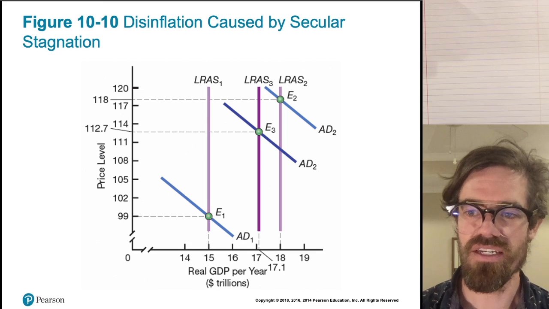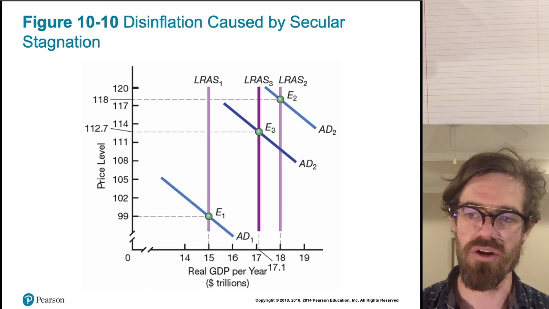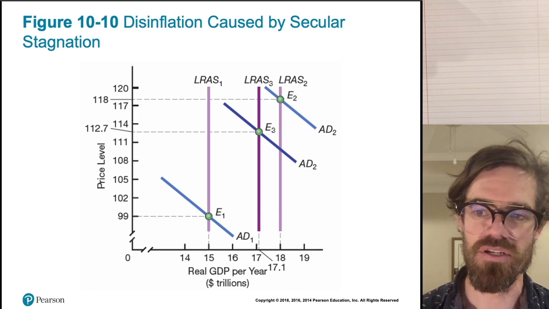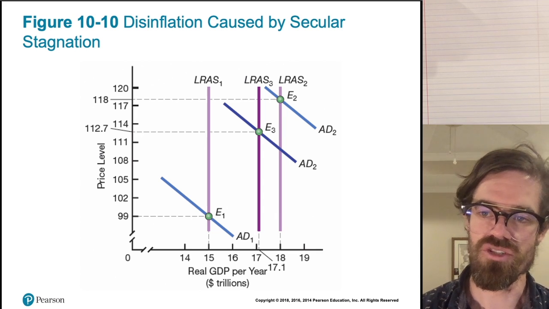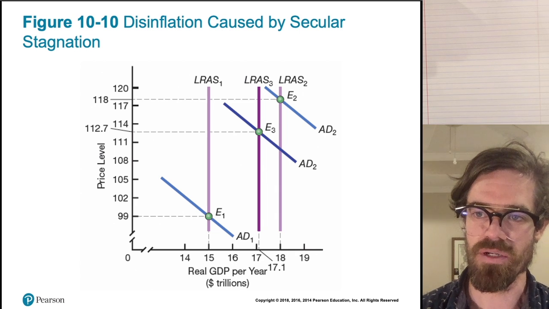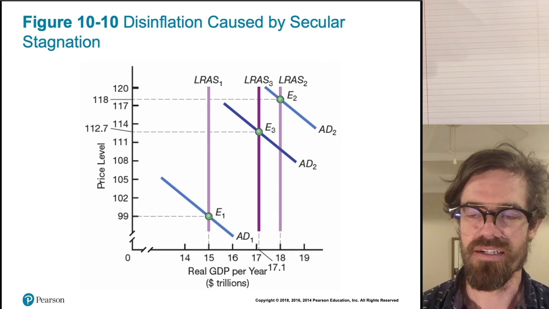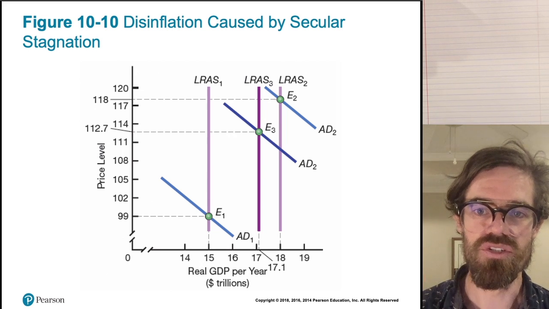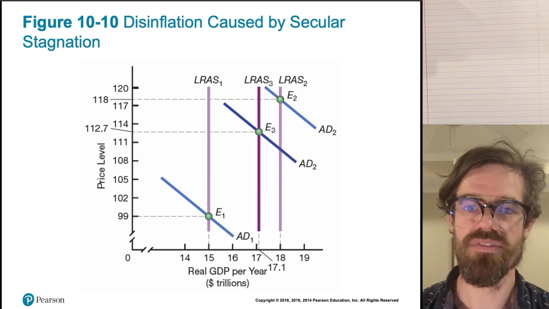Well, as we can see, it means that real GDP is lower. So rather than being $18 trillion per year, real GDP has been less than that at roughly $17.1 trillion per year. And on top of that, we've seen reduced inflation. So this is exactly what we've seen over the last 10 years.